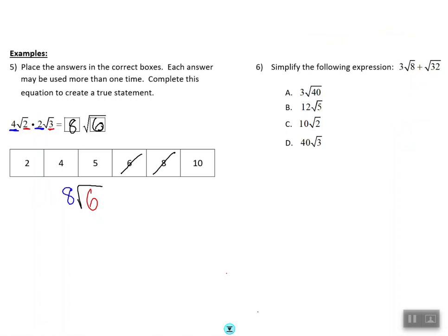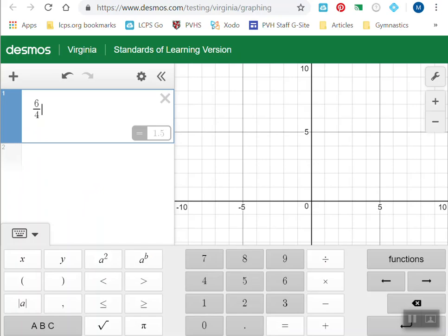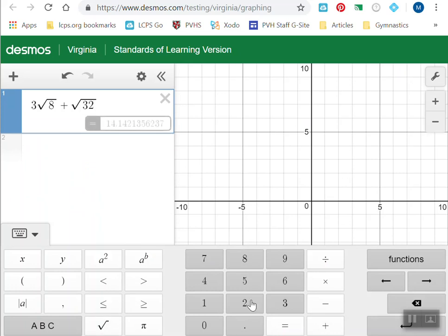For number 6, we want to simplify this expression. We have 3 square root of 8 plus square root of 32. Since this is a multiple choice problem, we can just go ahead and type this into Desmos. We have 3 square root of 8 plus square root of 32. And we get a decimal.